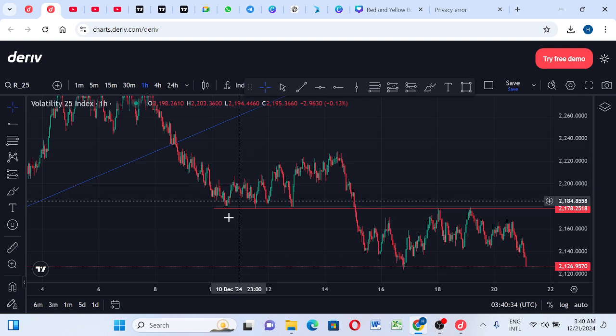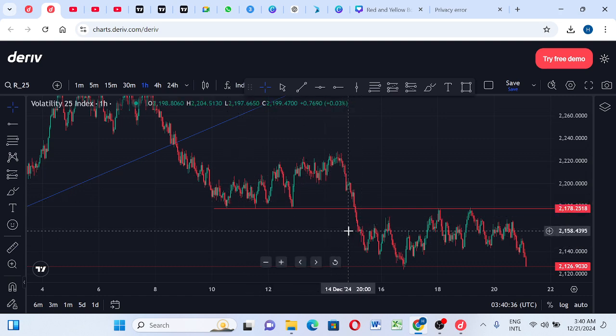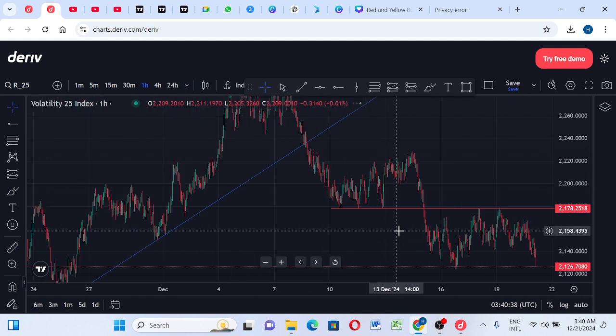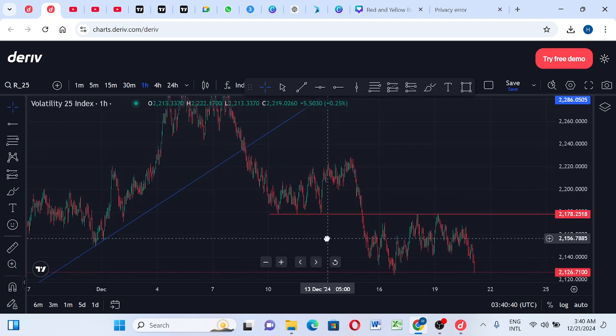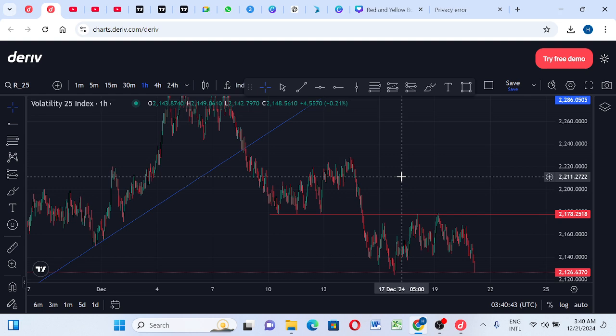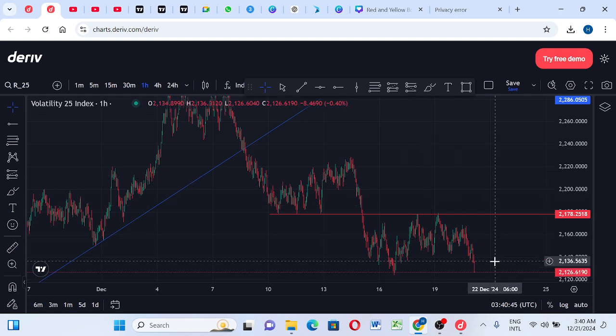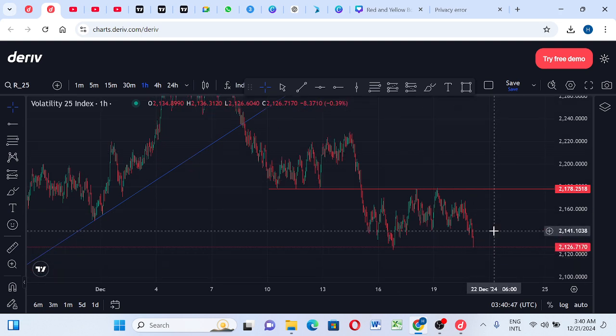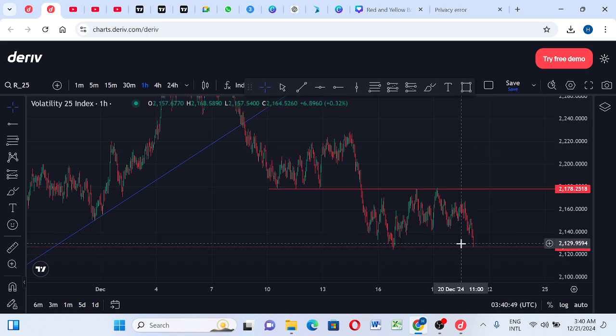By virtue of price giving us a break of this area, what were we looking out for? We were looking out for price to get into the 0.79 level and drop, but we didn't see that coming. It didn't even appear.